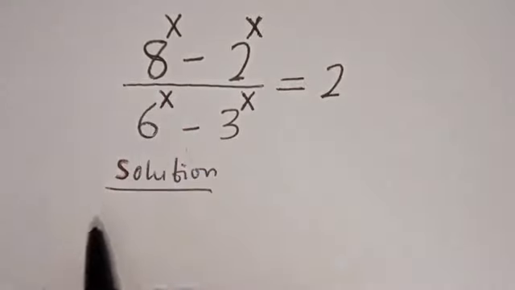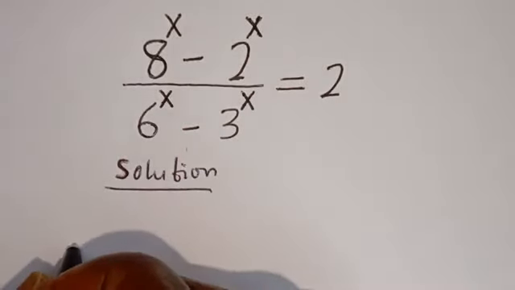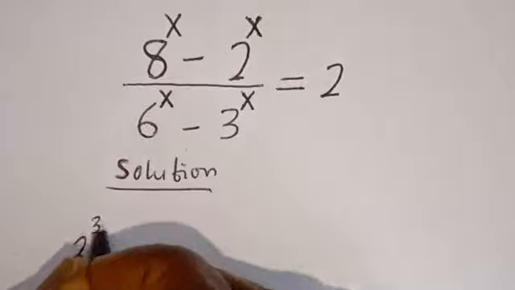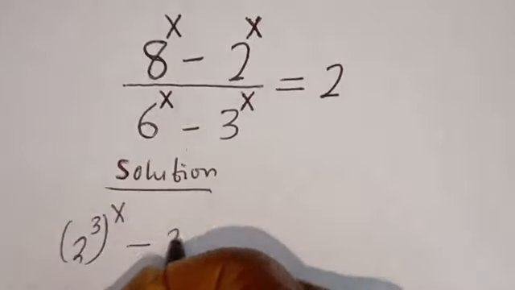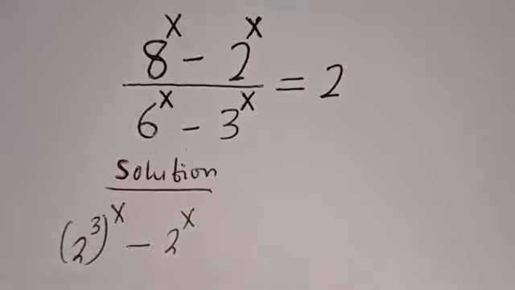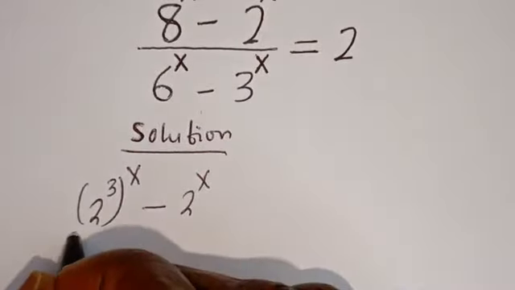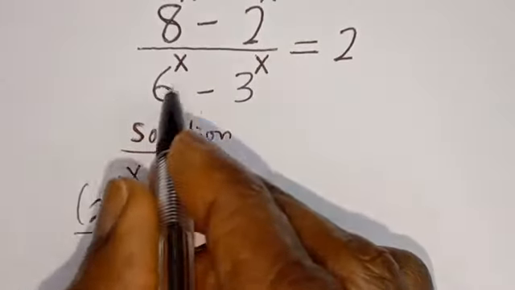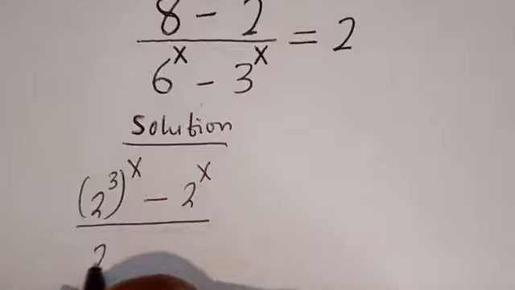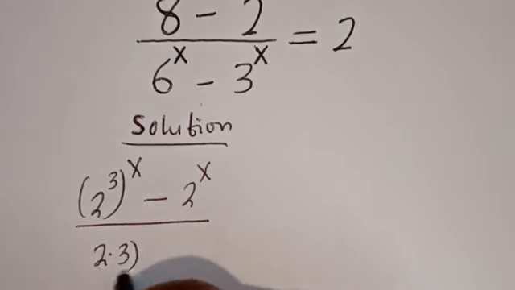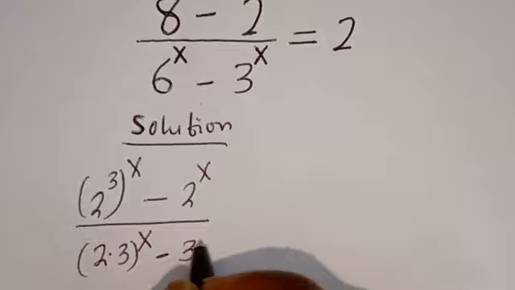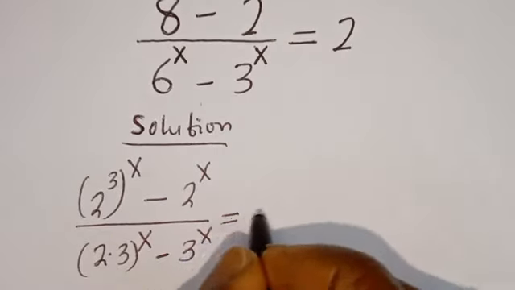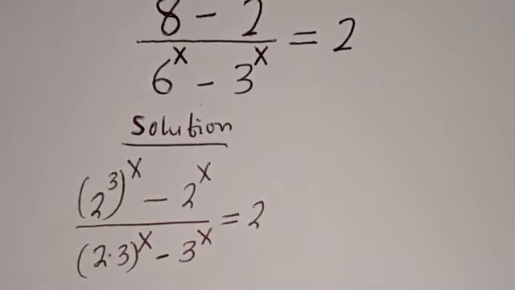Then 8 to the power of x can be written as 2 to the power of 3, to the power of x, minus 2 to the power of x, divided by this 6 to the power of x, which can be written as 2 multiplied by 3 to the power of x, minus 3 to the power of x, is equal to 2.